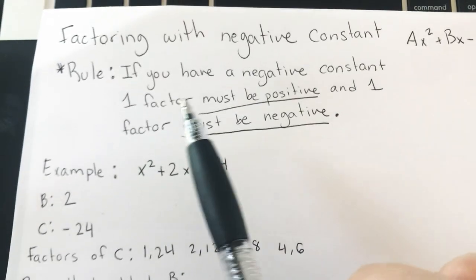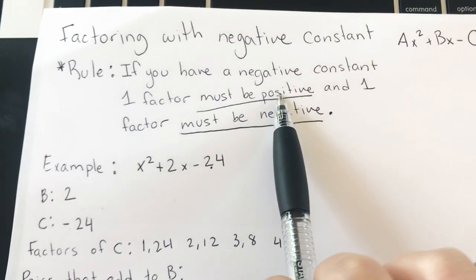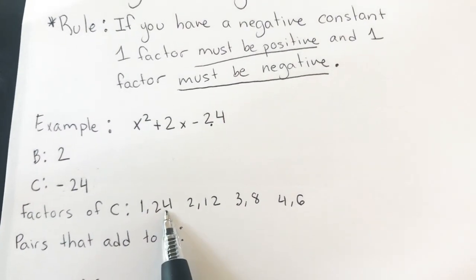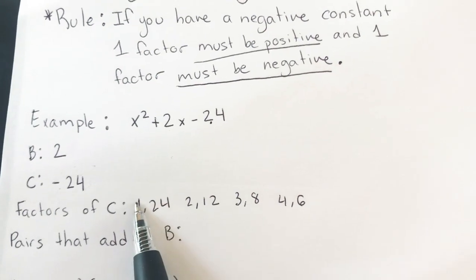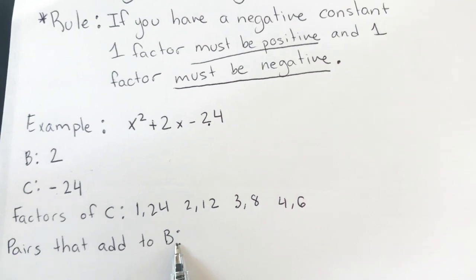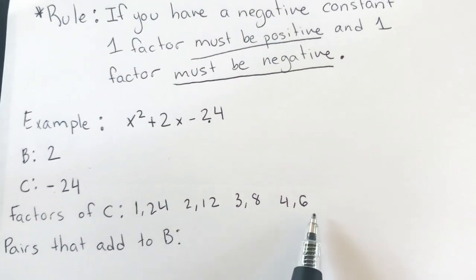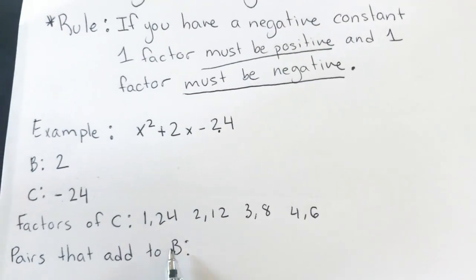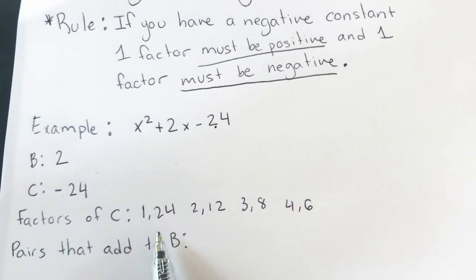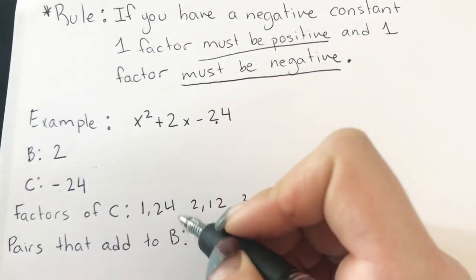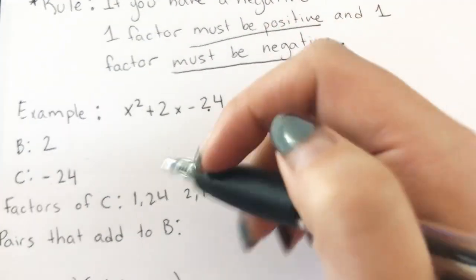And using our rule, we know that one of the factors is going to be positive in the pair and one must be negative. So for example, out of 1 and 24, one of them has to be positive and one has to be negative. And we're looking for a pair that then, with one being positive and one being negative, will add up to my b value of 2. So we're going to go ahead and check them. Let's just go ahead and play around with it.